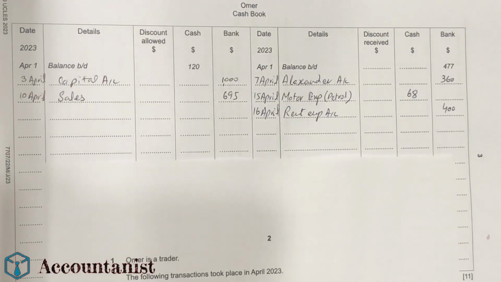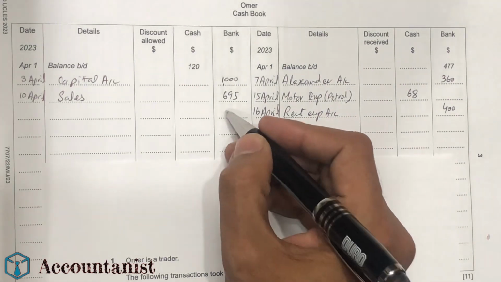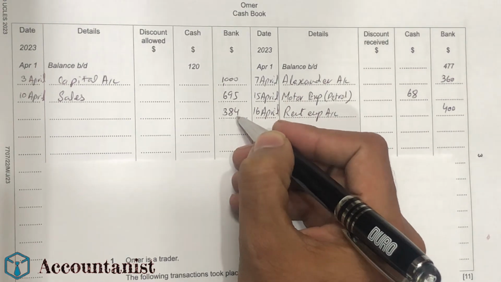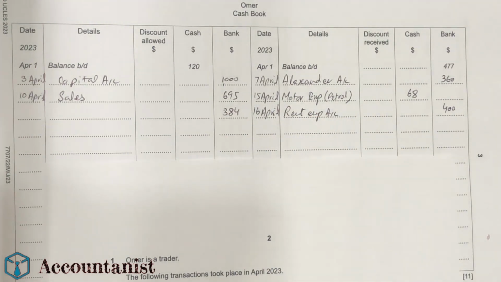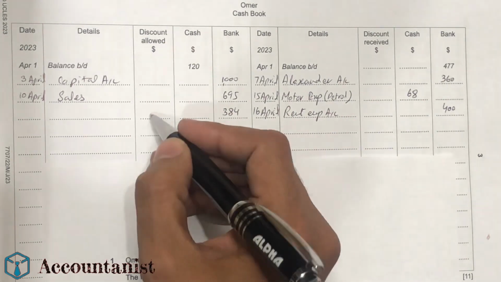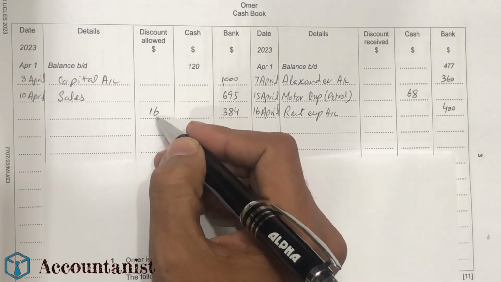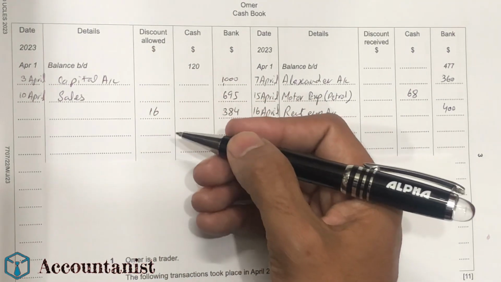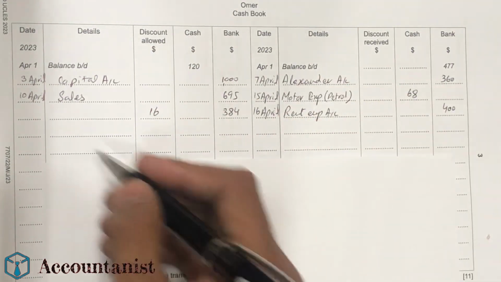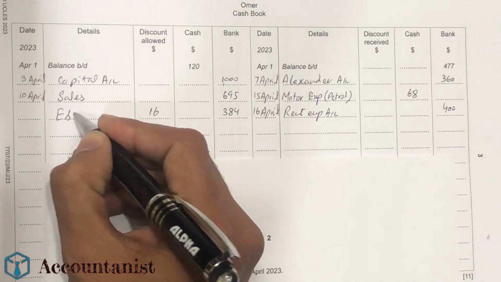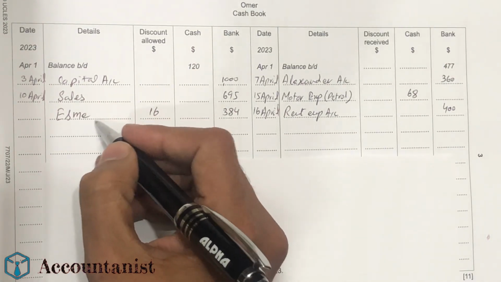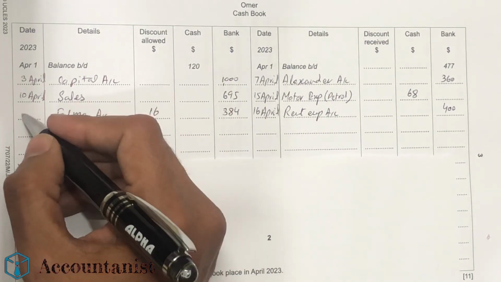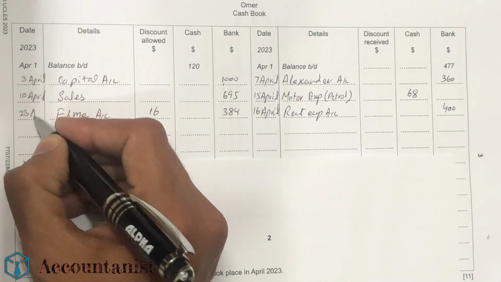So it's 384 in the bank column, and the discount is the difference between 400 and 384, so it's $16. Because it's a cash discount, we'll record it in the discount allowed column. We received this from SME, so we'll write SME account here, on the date of 23rd of April.